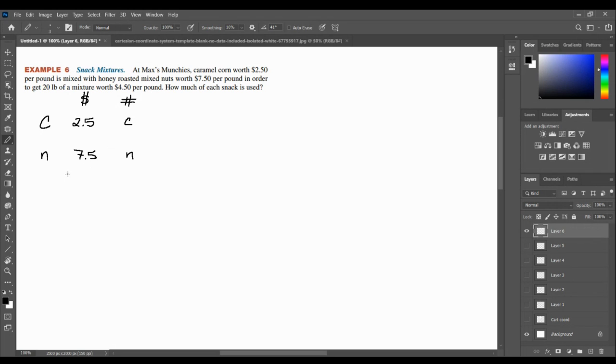Maybe we don't have to, let's see. So we know we want 20 pounds. And we know we want the mixture to be 4.5 per pound. So C plus N is my 20 pounds. I think we need total cost in here.